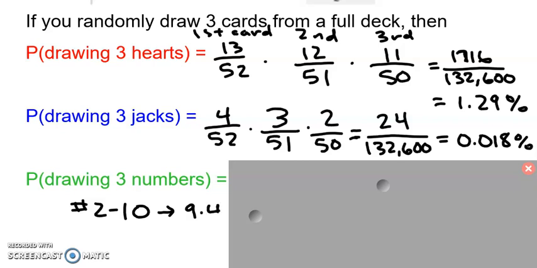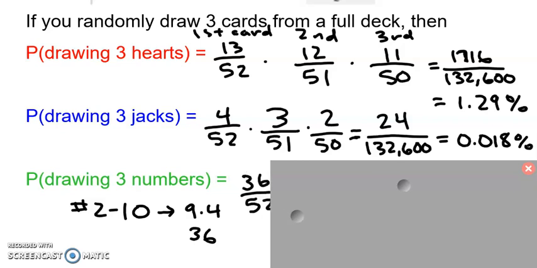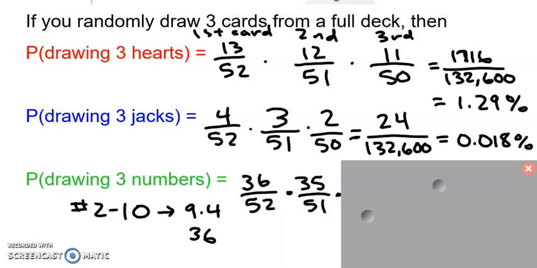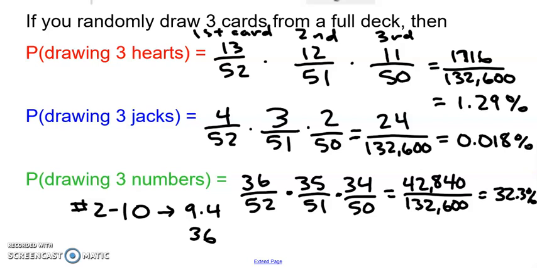So 9 cards times 4 suits is going to give me 36 total ways that I can draw a card with a number. And so that first one is going to be 36 out of 52. Now if I've already drawn a number, now there's 35 left out of 51, 34 out of 50. And that's going to give us a much better chance of drawing 3 numbers as opposed to the other 2 examples, because there's so many more to choose from.